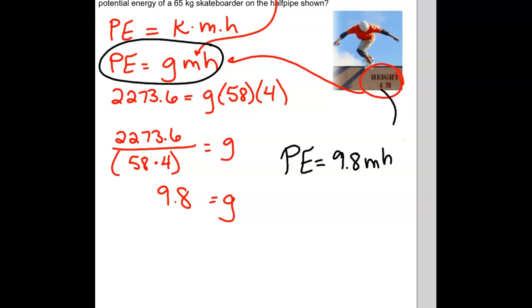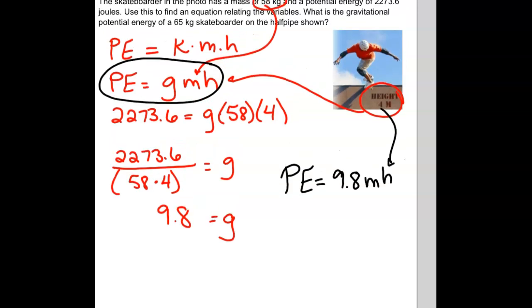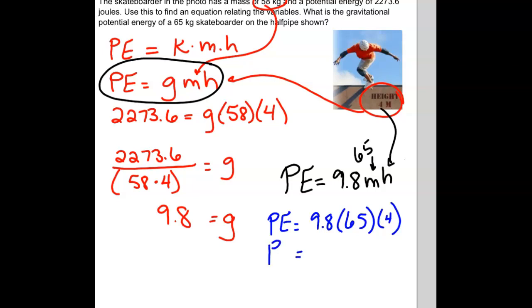So we're still going to keep our height at 4, but this time we are going to plug in a 65 for our mass. So the potential energy is 9.8 times 65 times 4. Grab your calculators. We end up with a potential energy of 2,548 joules.